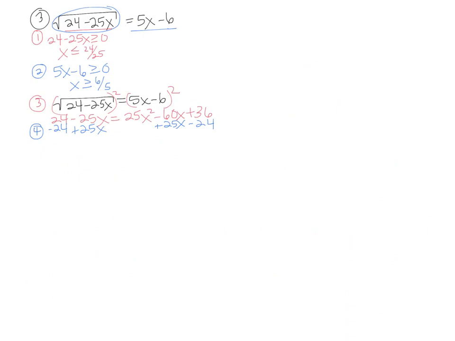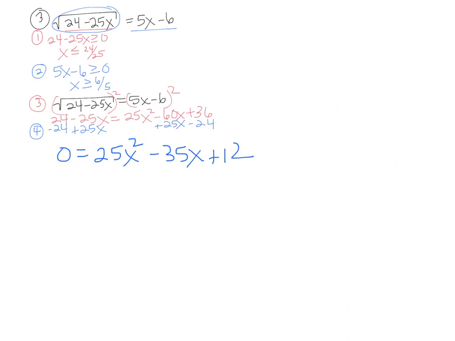I'm going to just pinch that because we'll need a little bit more space. From here, we've got 0 is equal to 25x squared minus 35x plus 12. From there, we're going to need to use factoring.